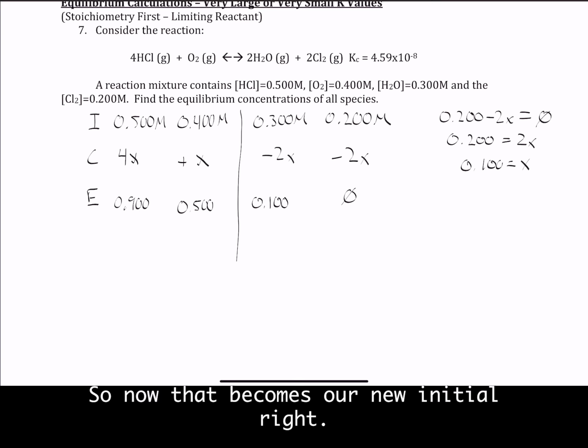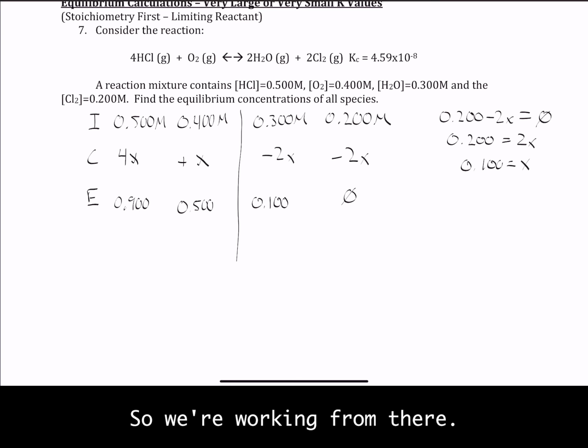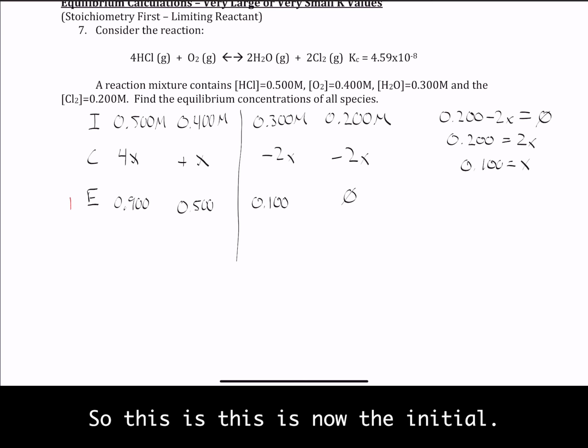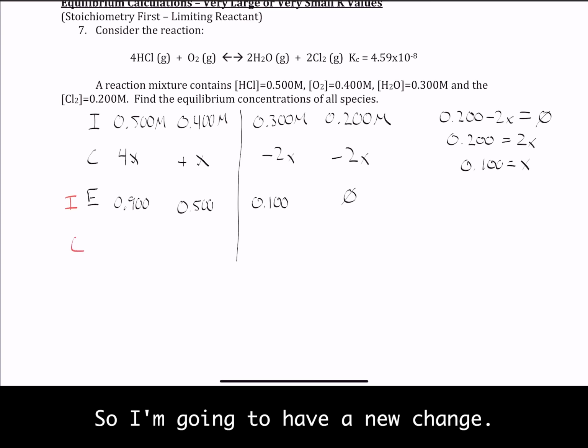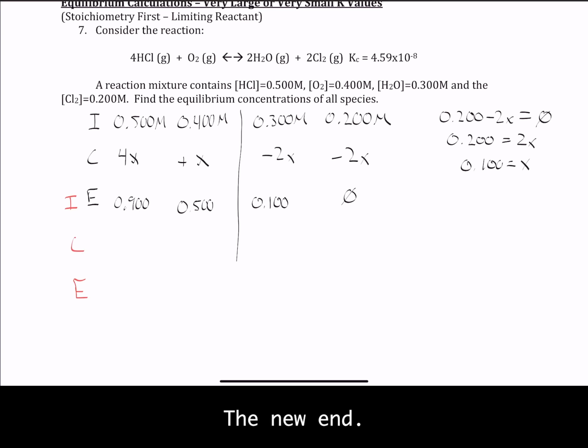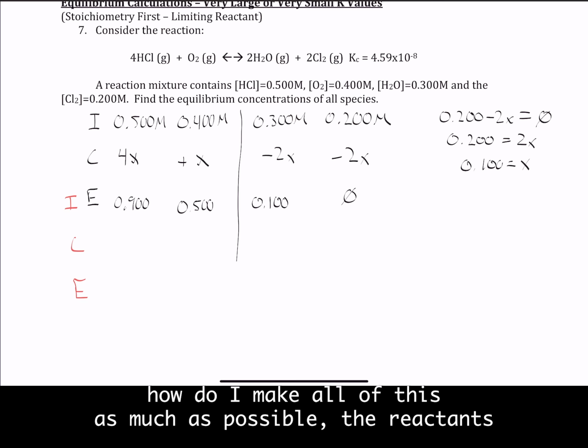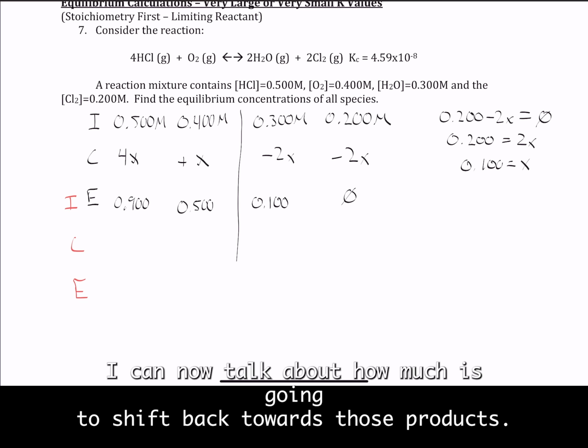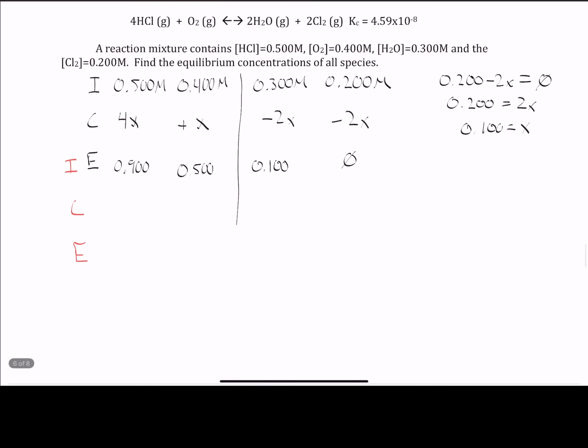So now that becomes our new initial. So we're working from there. And I can change colors. This is now the initial, so I'm going to have a new change and a new end. Since I basically figured out how to make as much of this as possible the reactants, I can now talk about how much is going to shift back towards those products. So this will be minus 4x, this will be minus x.